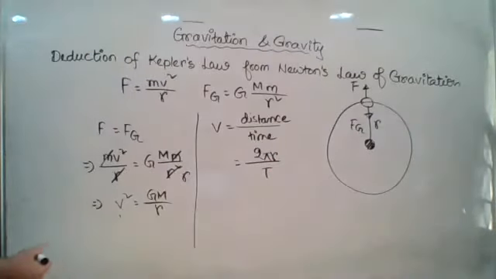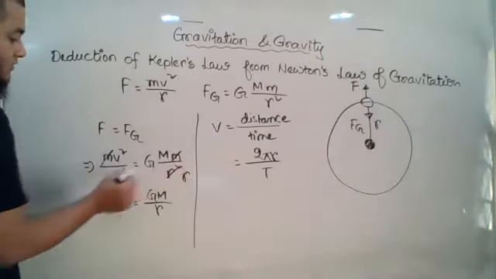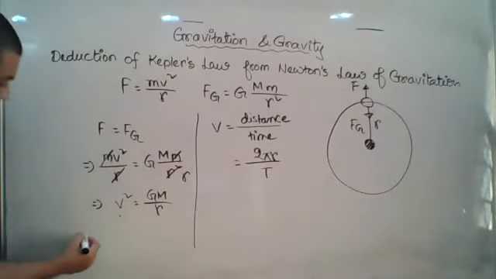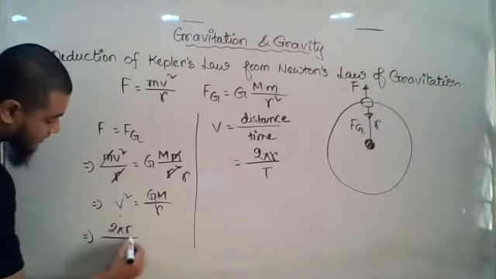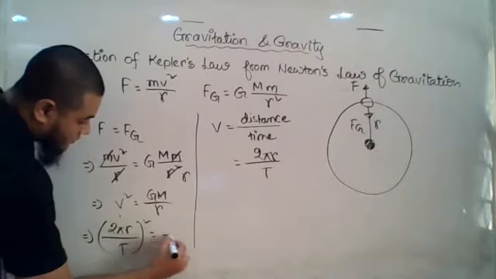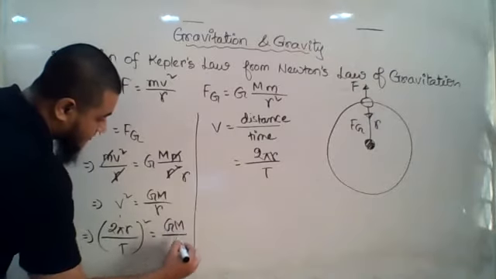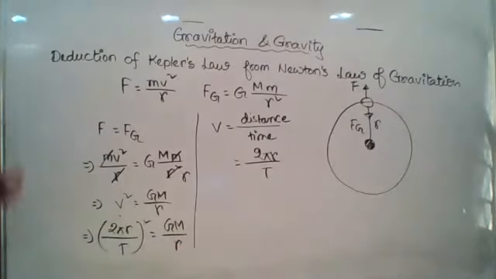Okay. So now what we can do, we can replace the value of this v in this equation. So if I put it back, then what will happen? 2 pi r by t whole square will be equal to gm by r, right?